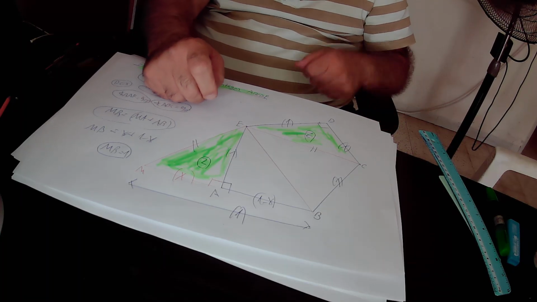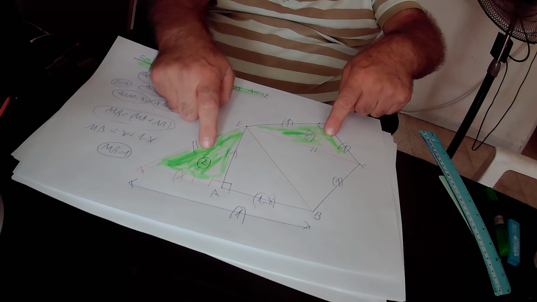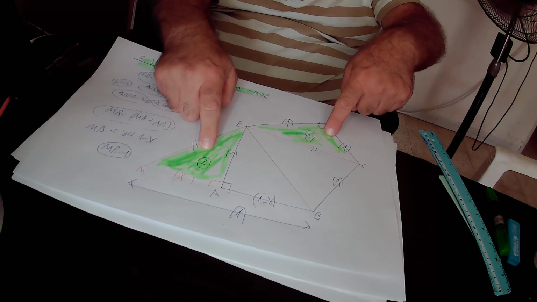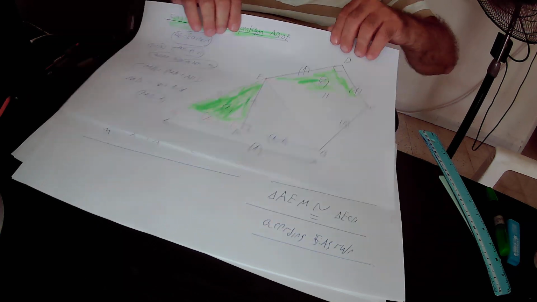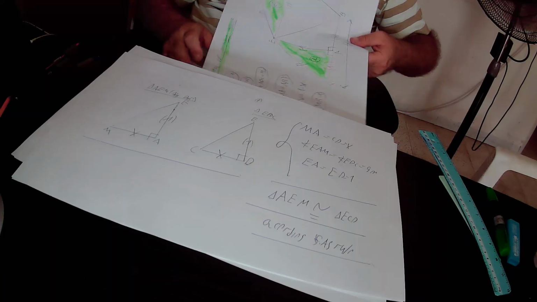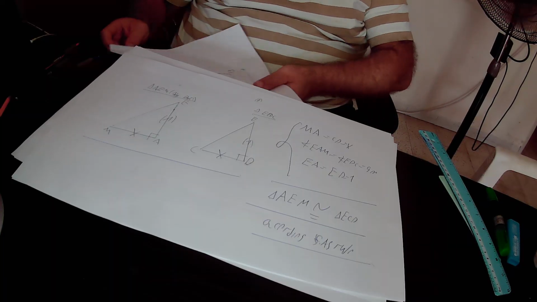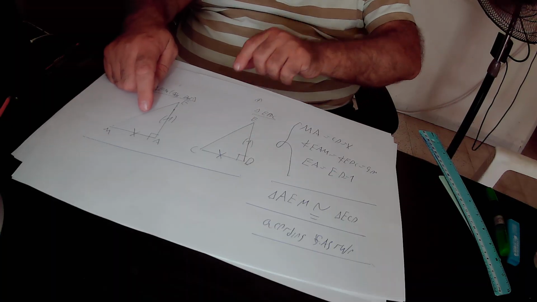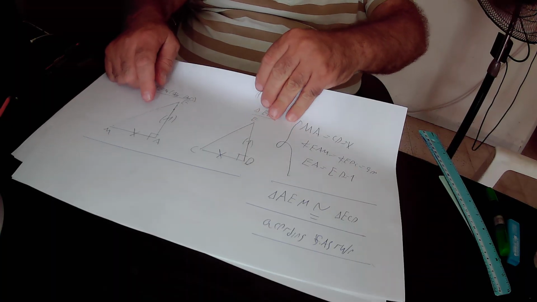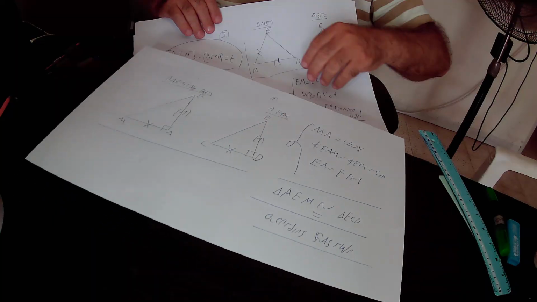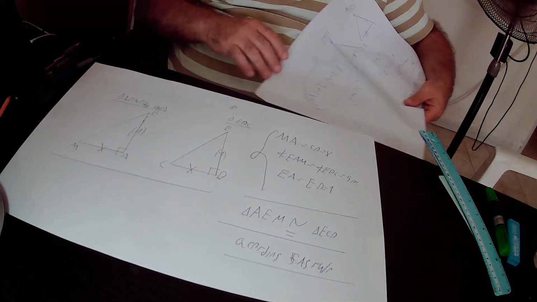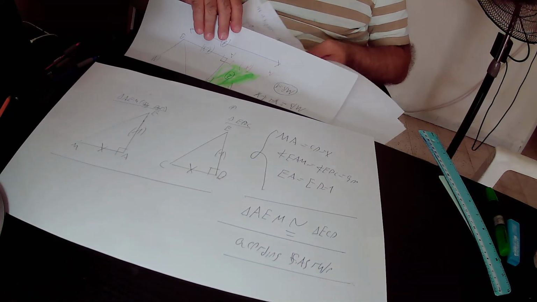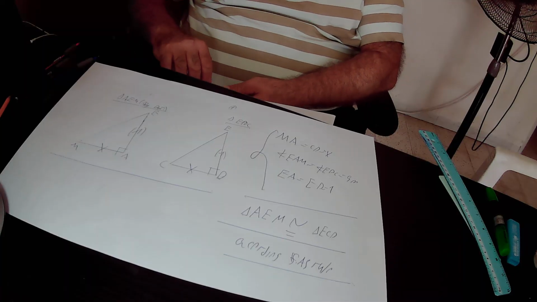The next step, we prove that those two right triangles are congruent to each other according to the side-angle-side rule. So those are the two right triangles that we take from the original drawing. Why are those two right triangles congruent?